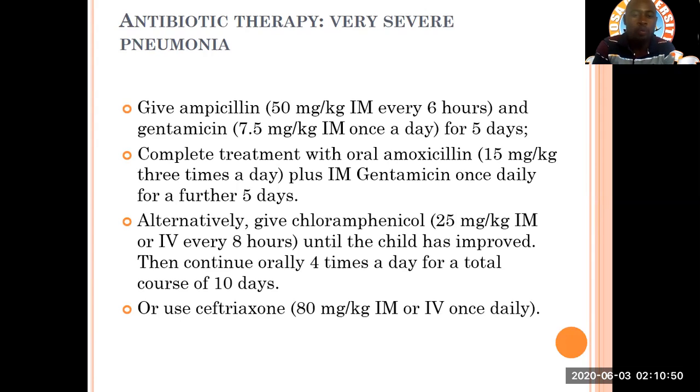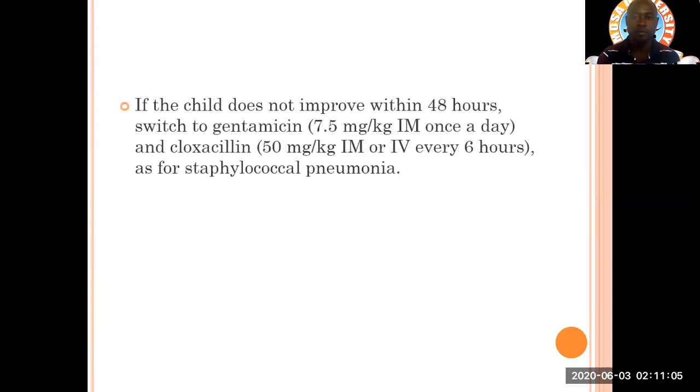You can also make use of ceftriaxone if you don't have chloramphenicol or any of these medicines. You can use ceftriaxone, which you give OD IV 80 milligrams per kg.